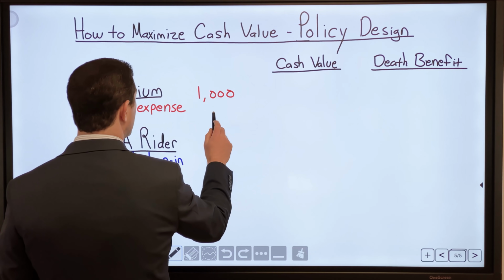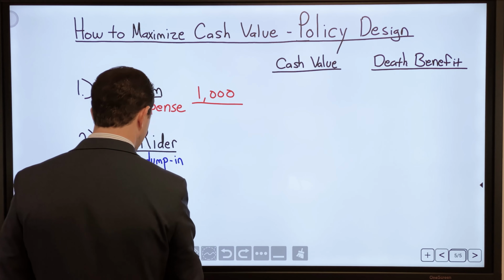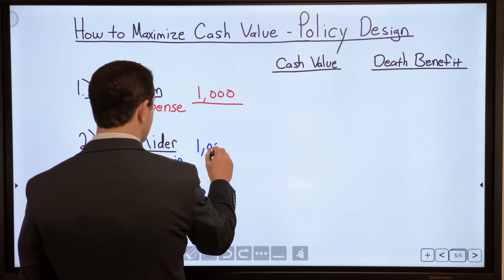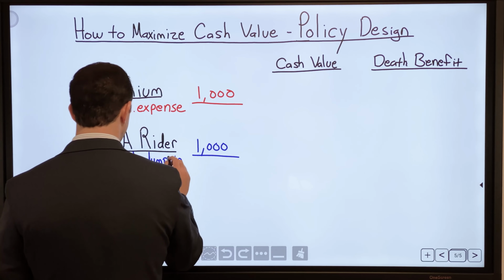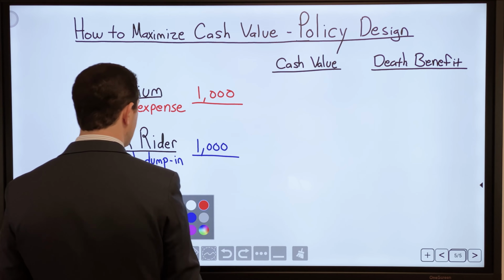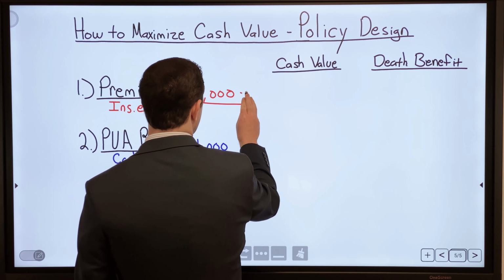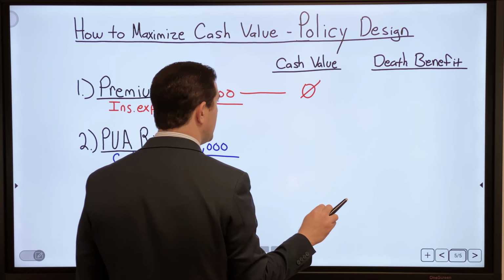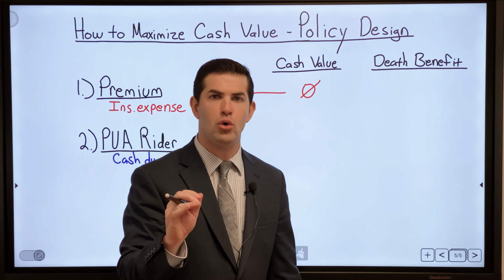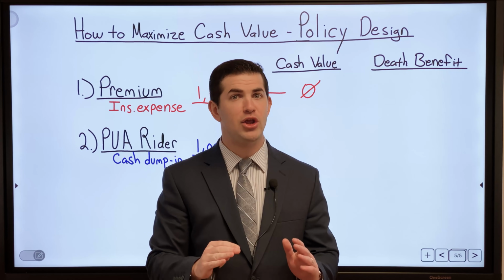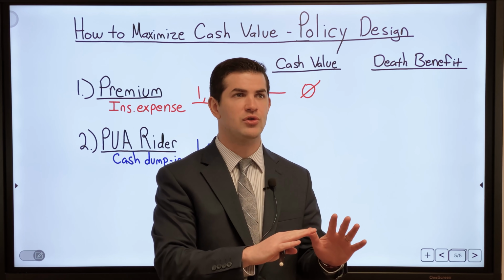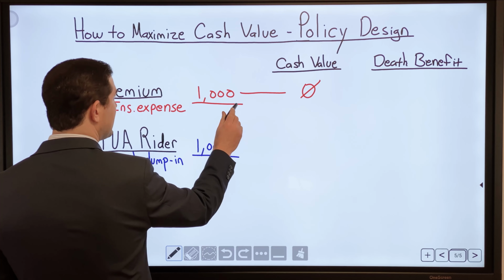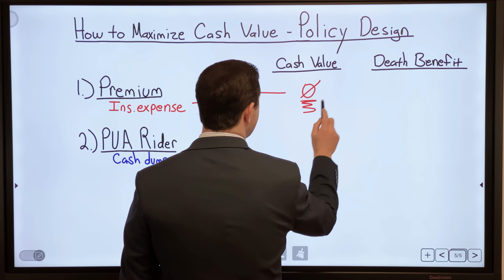Let's assume we're going to pay $1,000 per year into the premium piece, the insurance expense component, and then $1,000 per year into the PUA rider, the cash dumping. Dollars that go towards your insurance premium piece, in respect to your cash value with a traditional whole life insurance policy, what you will see with most companies and products in the first and second year is that of that $1,000 payment, zero shows up in cash value.